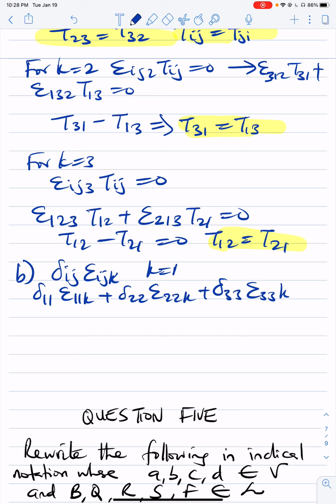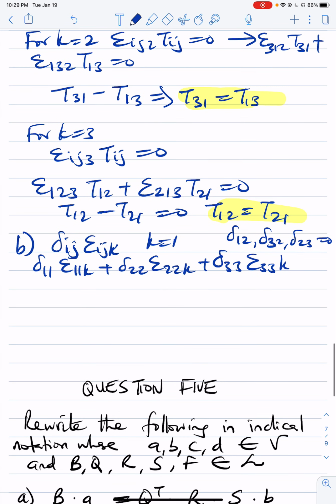Now, you see, we went from i, 1, 1. If you notice, any other combination of 1, 2, 3 will give you 0. If you expand this completely, you need to try that on your own. You discover that most of this resolves to 0, so I'm writing out only the ones that will not give 0. δ_{1,1} will give 1, and ε_{1,1,k} will give 0 because we have a repeated index, so the permutation gives 0. δ_{2,2} will give 1, and this will give 0.